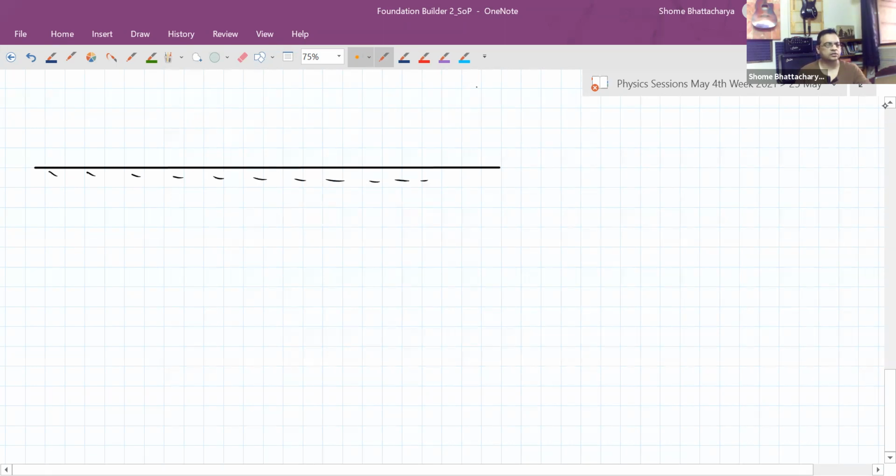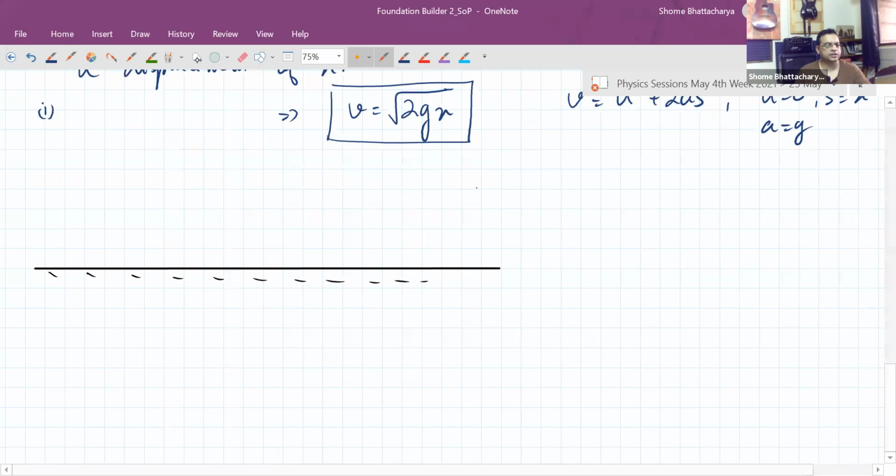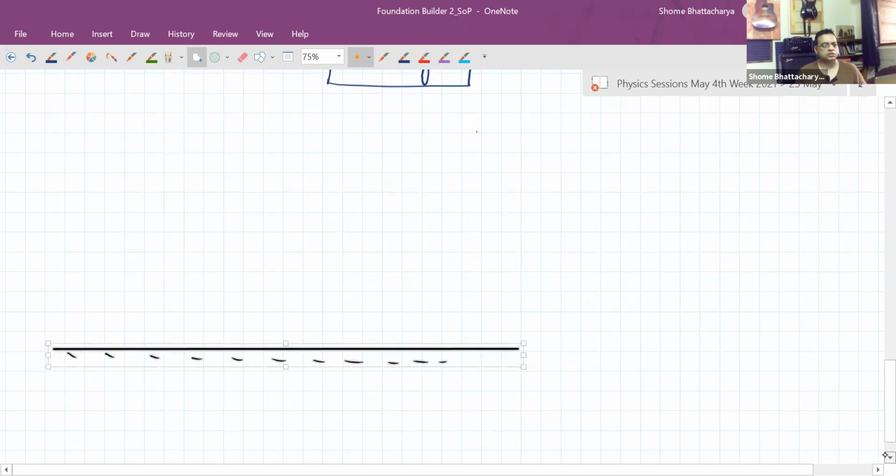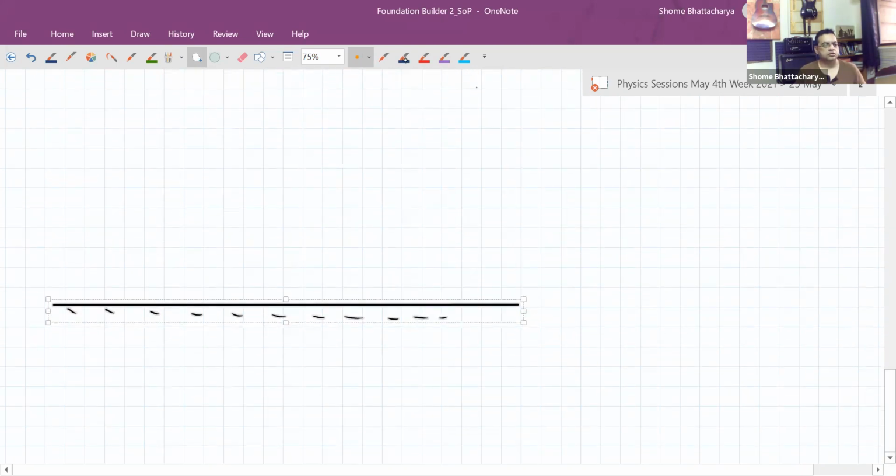Suppose we look at the situation at an instant of time t. This is the situation at that intermediate time t, which I had drawn in the second diagram earlier.